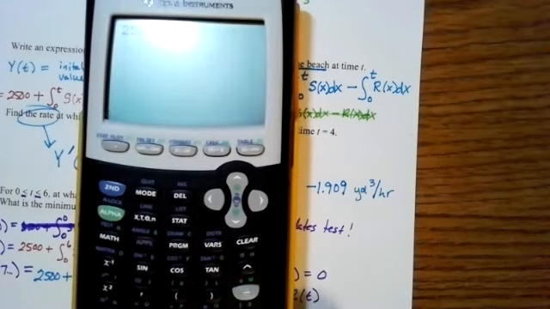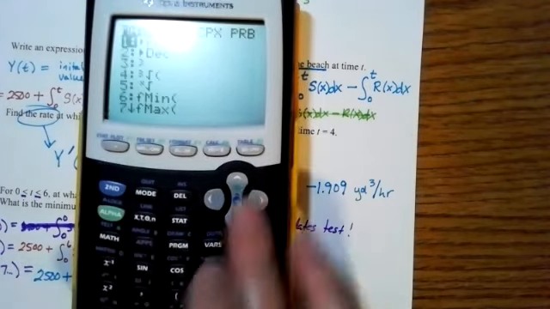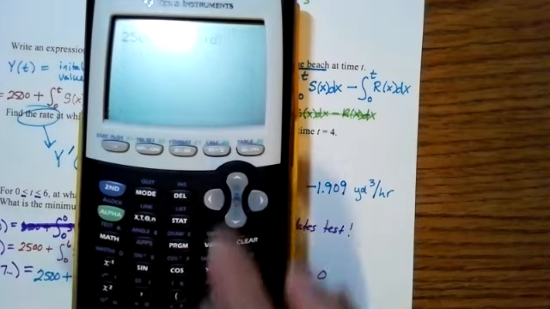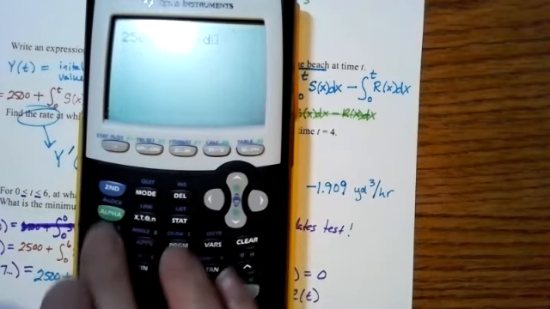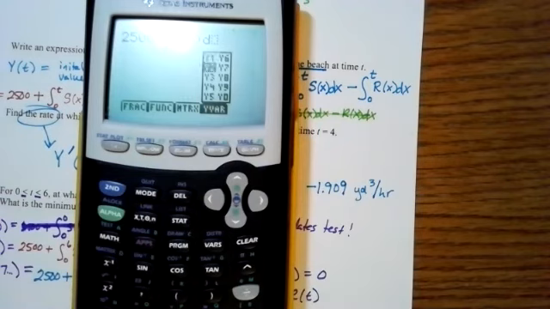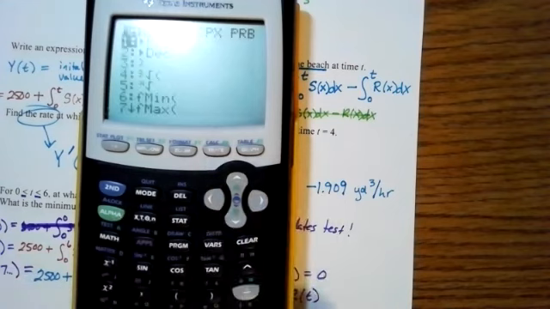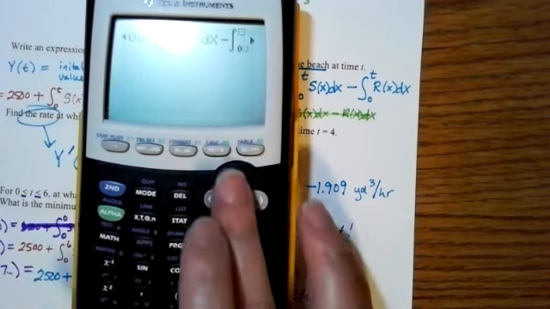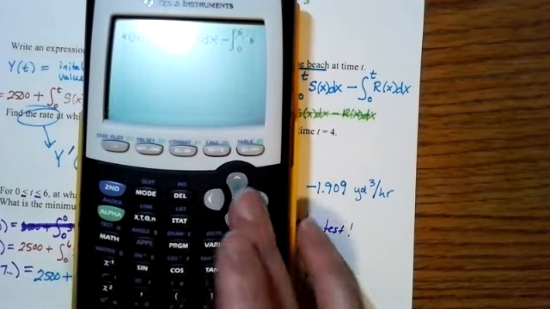2,500 plus the integral from 0 to 6 of y2, and subtracting the integral from 0 to 6 of y1.